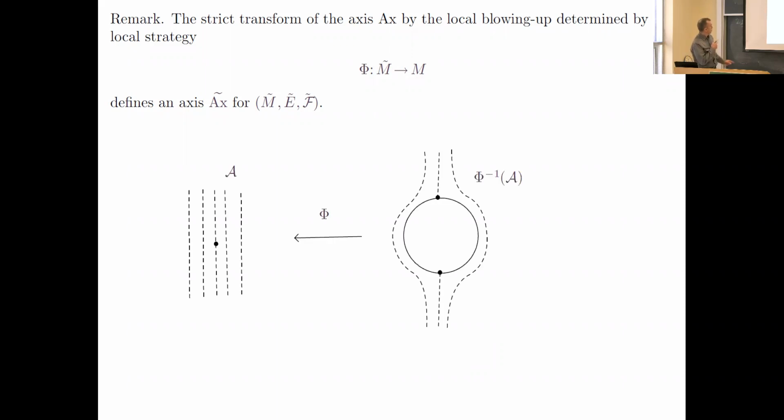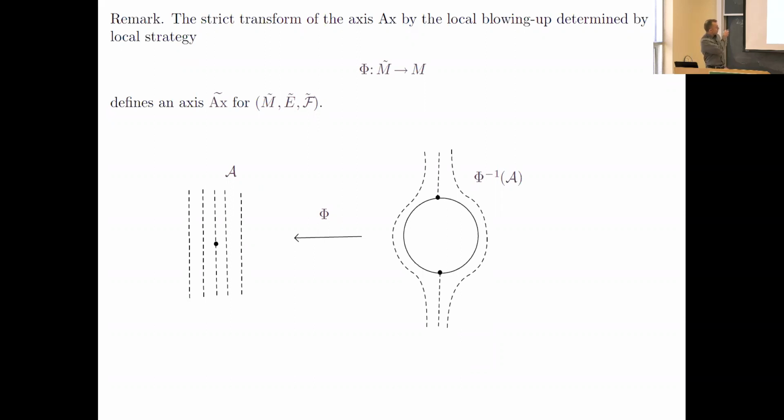So what happens here? You see, let's say like here in the left, you have the axis in the original coordinates. So these are given by these vertical dashed lines here, right? So it's a regular foliation. There are no singularities. And now we blow up the point P, right? So with the strategy which is determined by the algorithm.